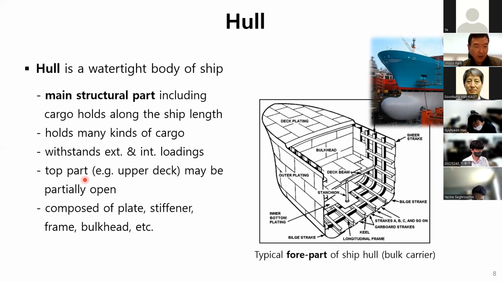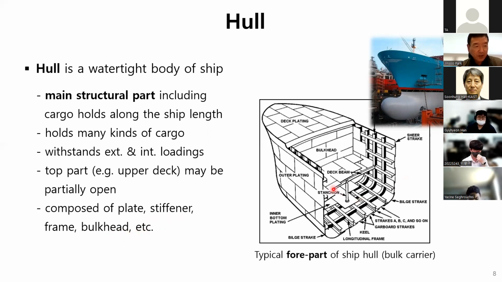Sometimes the top part of the hull, the so-called upper deck, may be partially open in order to manage cargoes. As a structural complex, the hull is composed of various elements such as plates, stiffeners, frames, bulkheads, etc.